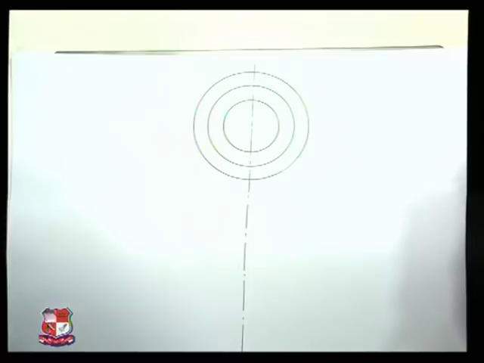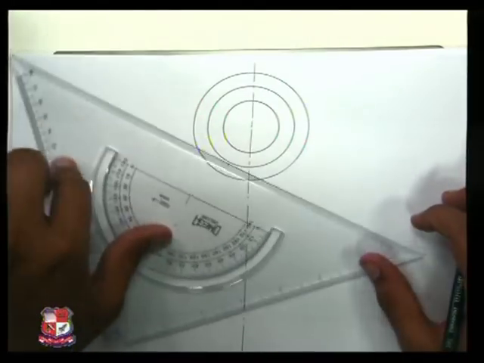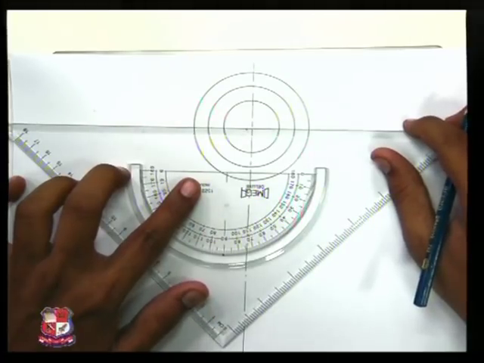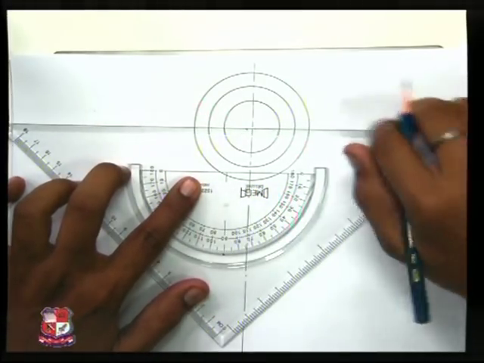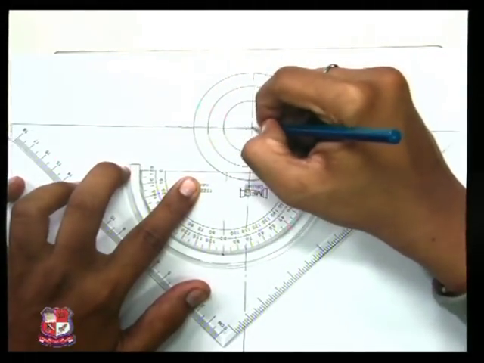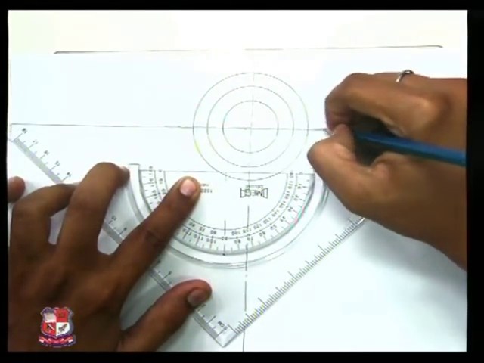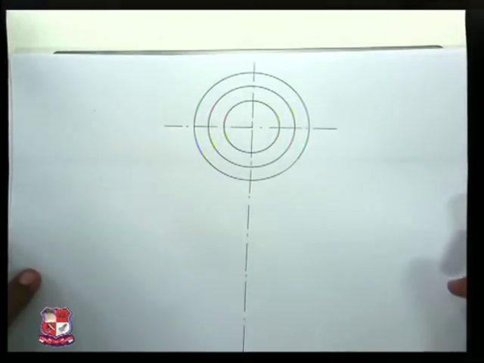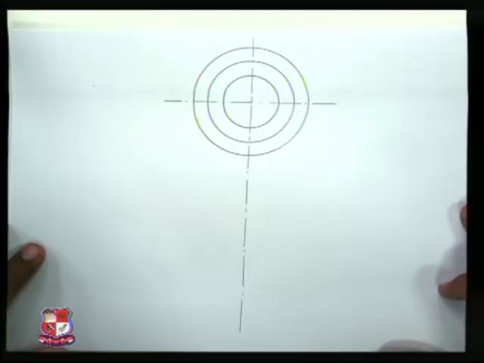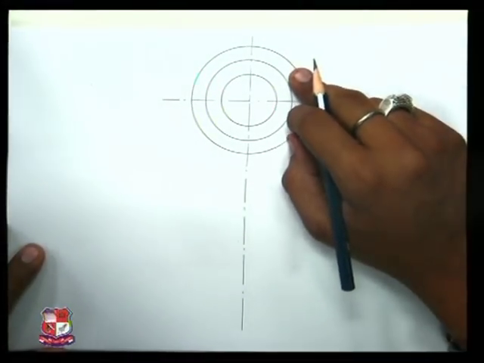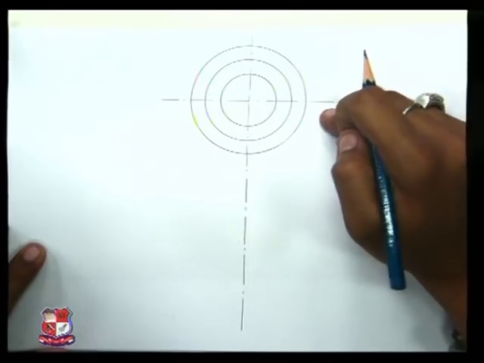Like this, long dash and short dash. For the circle, it will have both sides, long dash, short dash. So this is how I have used two lines, the continuous thick line and the center line.